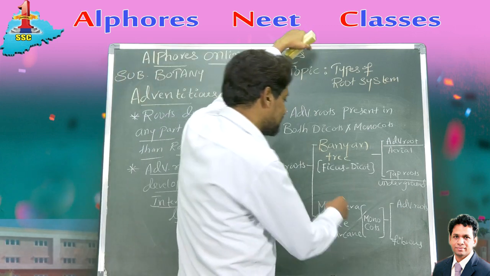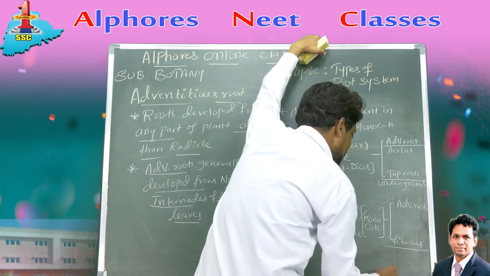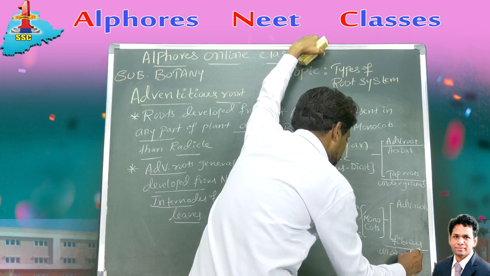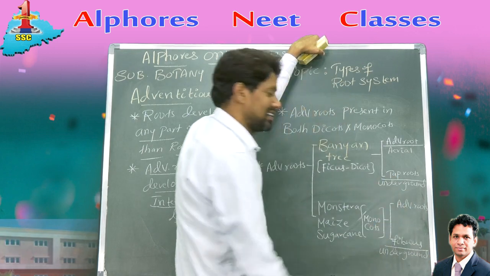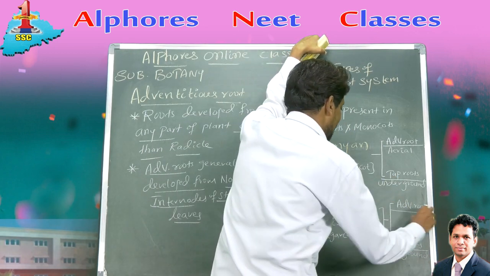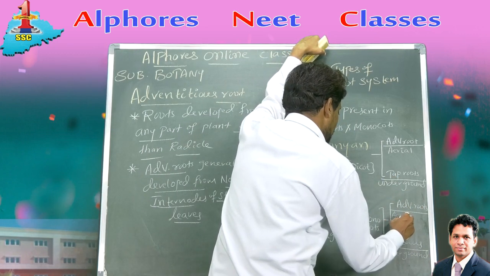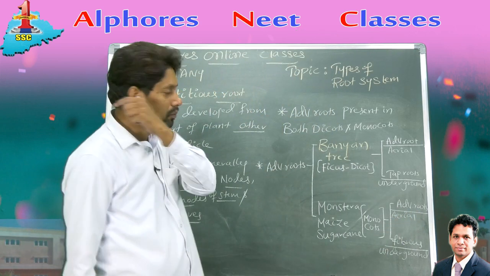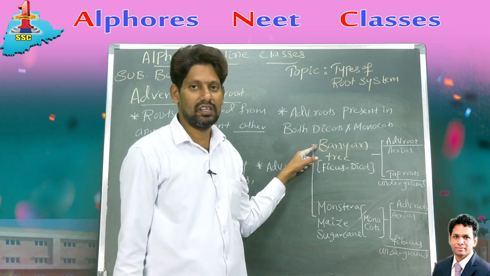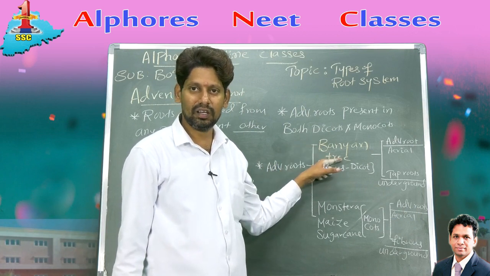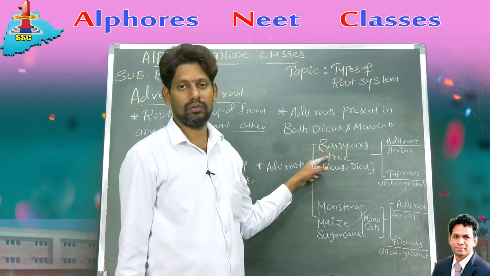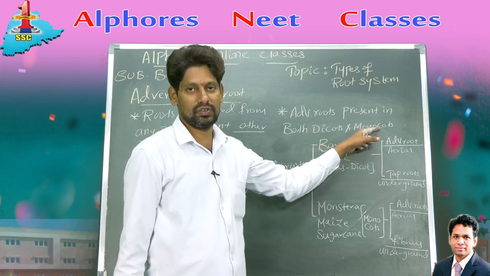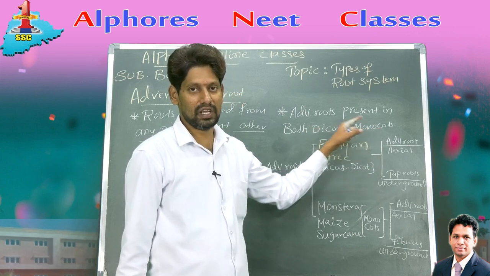In the case of these three plants, the fibrous roots are underground, whereas adventitious roots are aerial. Is this statement clear? Now see these statements carefully. Ficus, the banyan tree, is a dicot, so it should contain taproot. But in the case of the banyan tree, along with taproot, adventitious roots are present. Those adventitious roots are aerial.